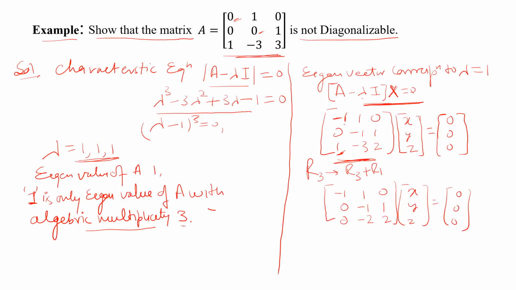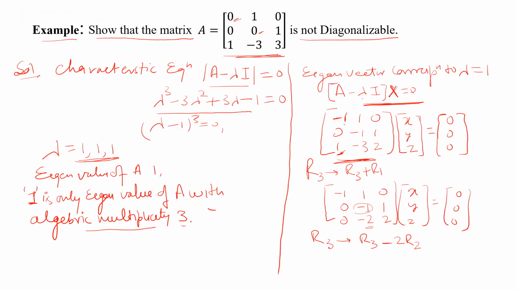Again, by the help of the non-zero element, we make that element 0 in a similar way. So we apply the operation on R3 again: R3 plus minus 2 times R2.